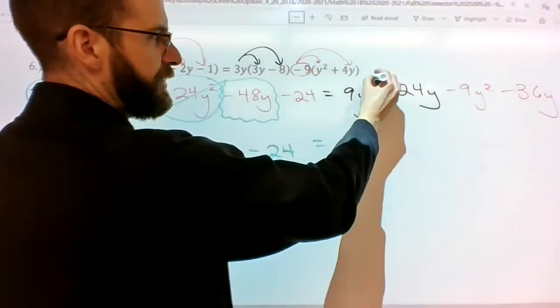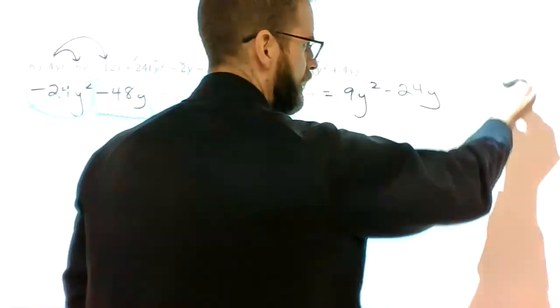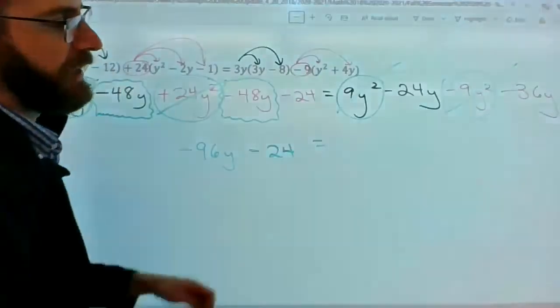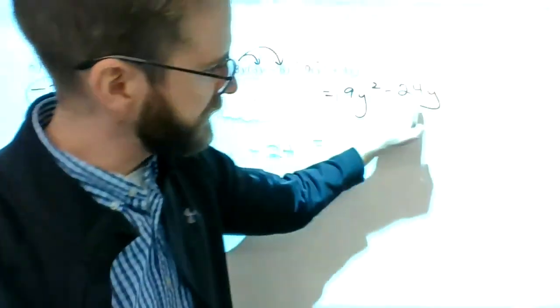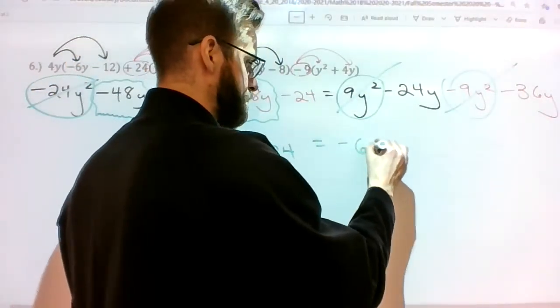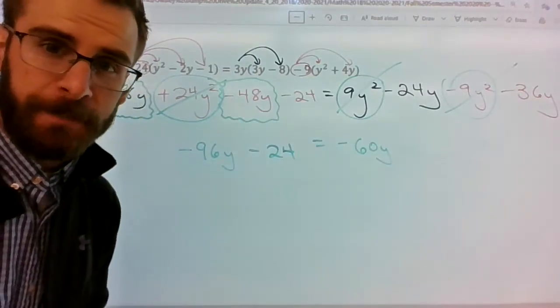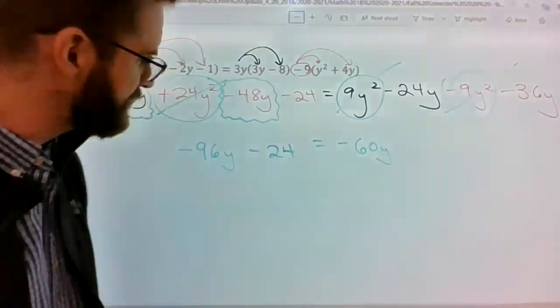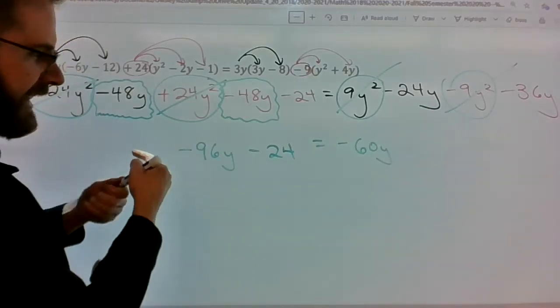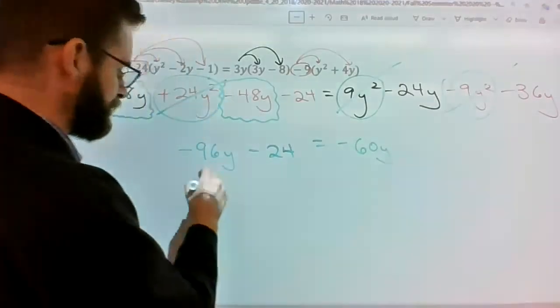On the other side, you got your y squareds. Plus 9, minus 9, cancel, cancel. And then these two actually do combine. It's going to be a negative 60y. All right, we got to finish this up soon because we're pushing 16 and a half minutes as it is already. I'm going to move this negative 96y to the other side.